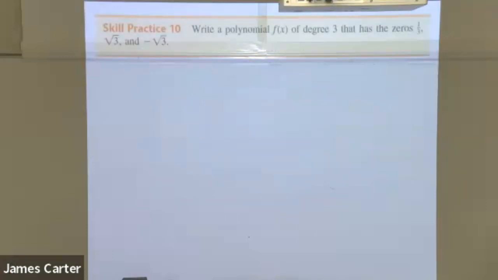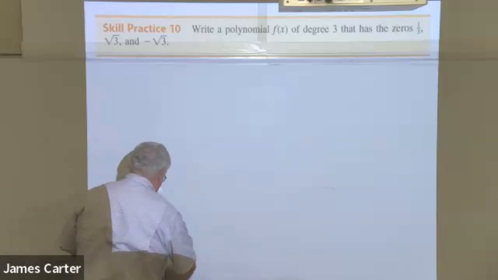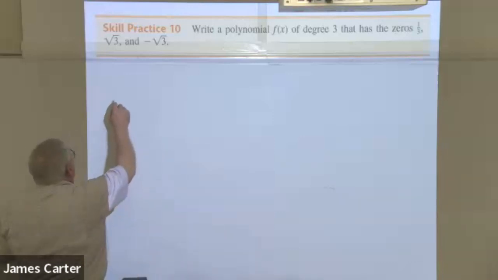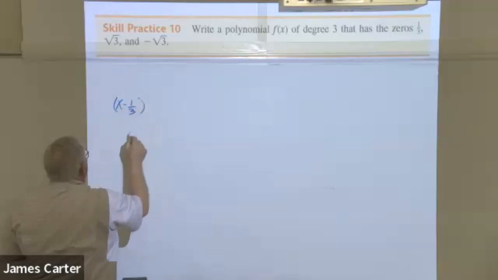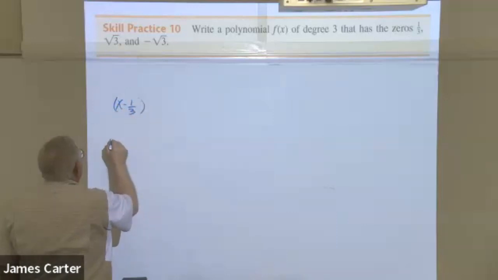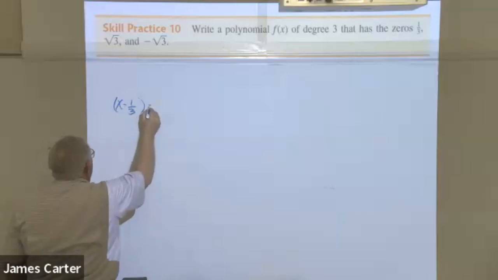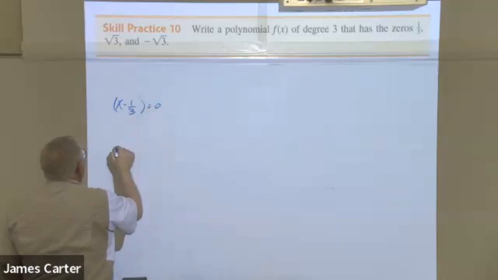What do we got on that? We got 1/3, and we got these two. So what would that give us? x minus 1/3 equals 0.